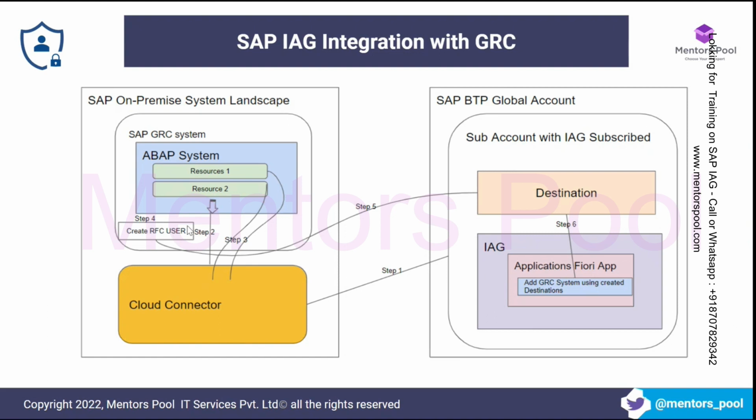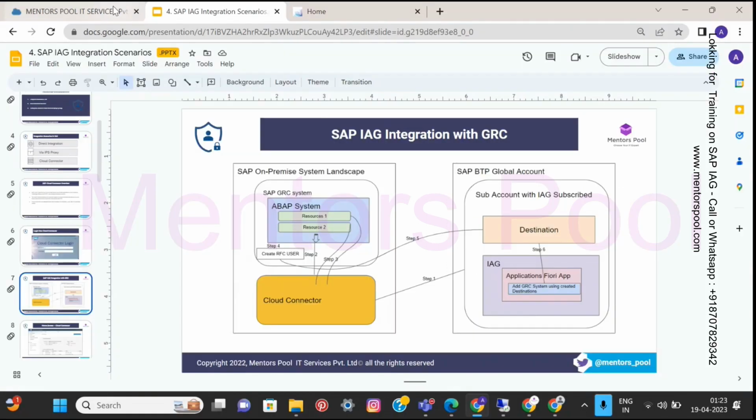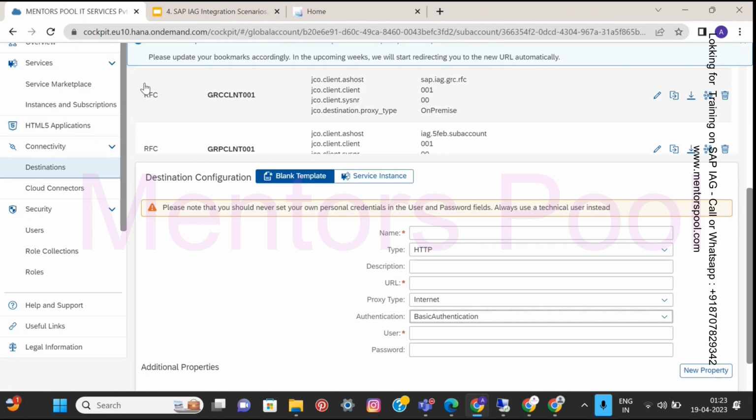Now, as a part of step 5, we will create a destination in our BTP sub account. So I can quickly show you these 4 steps, at least at a very high level.